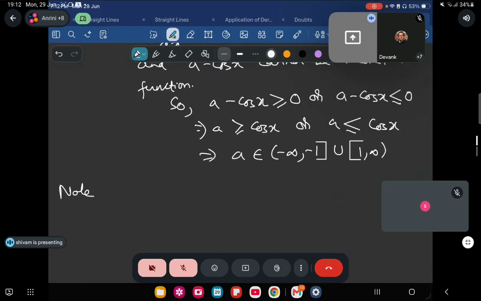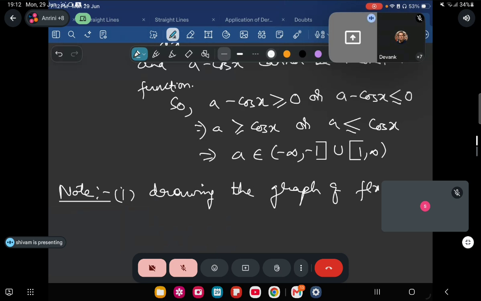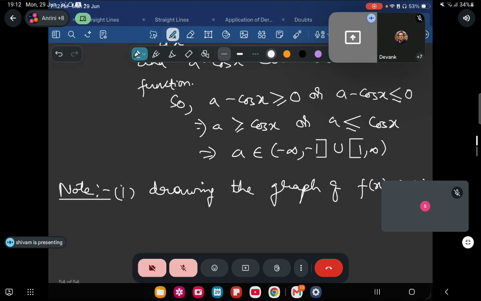So note, I'm also going to draw the graph of this function. See, drawing the graph when a is equal to 1, the graph of f of x equal to x minus sin x. Okay, everyone, I'm going to draw the graph of this function.